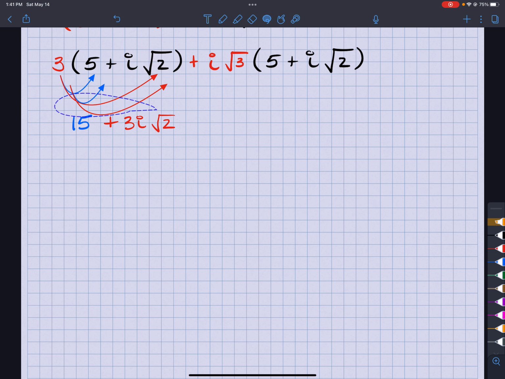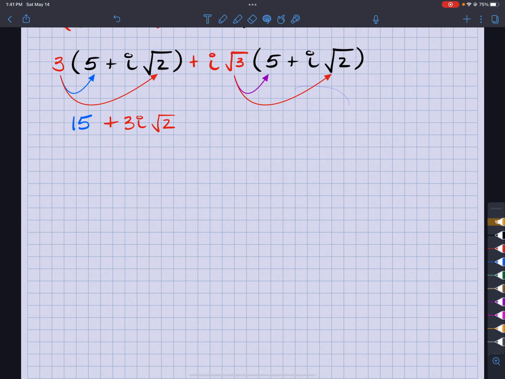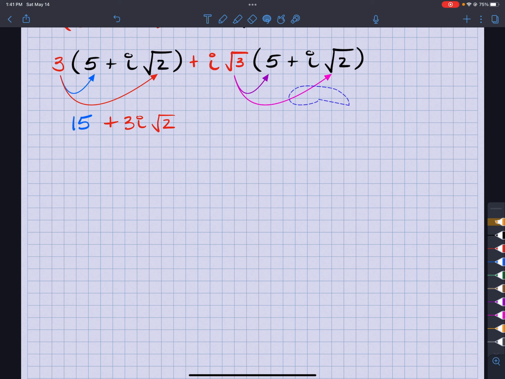All right, so let's go ahead and duplicate that, bring it over here. However, I want to change this to a different color and also this to a different color. All right, so the purple one is my inner. I let the product determine the value of my sign, or the sign that I'm going to use.